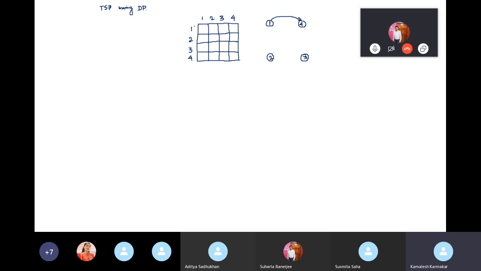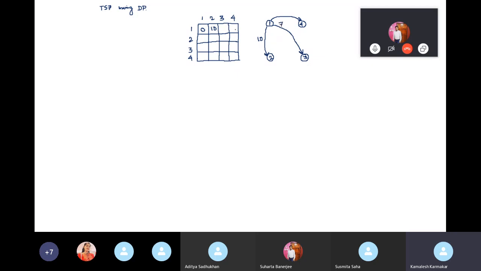Okay, now if this graph is given, say from 1, the distance from 1 to vertex 2 is 10. So from 1 to 2, this distance is 10. 1 to 1, the distance is 0. If it's 1 to 3, say the distance is 7.